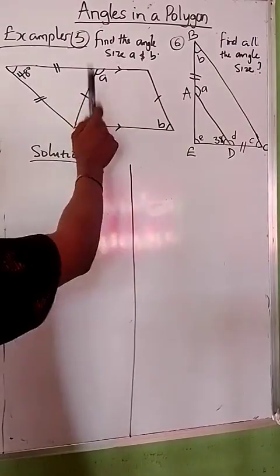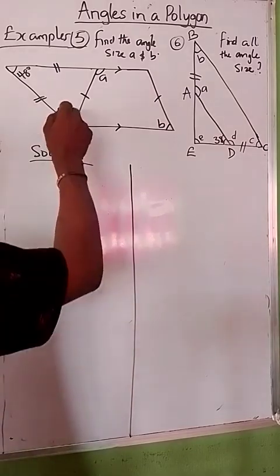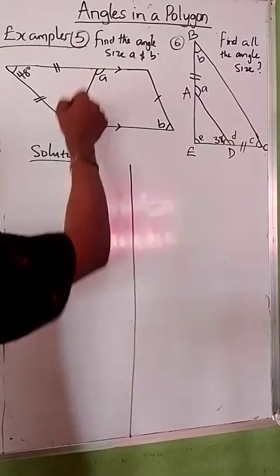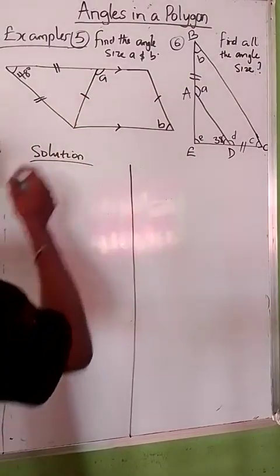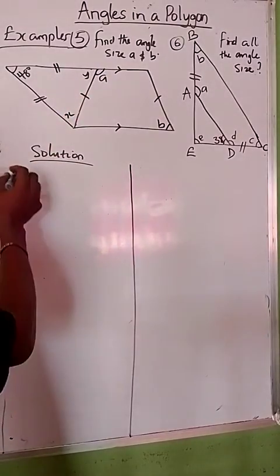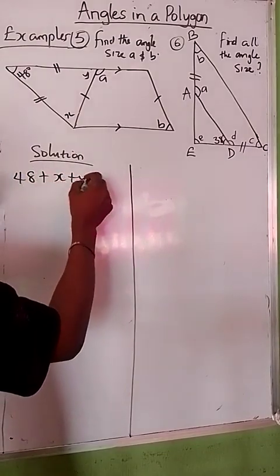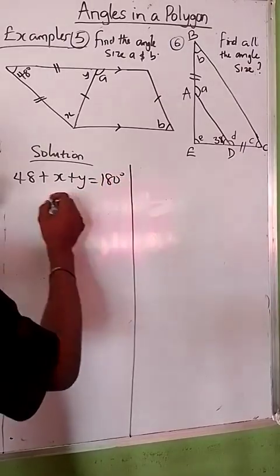So how do we get our A? We know, of course, that the base angles are equal, right? So let's say this is our x, y. So you say 48 plus x plus y equals 180 degrees.